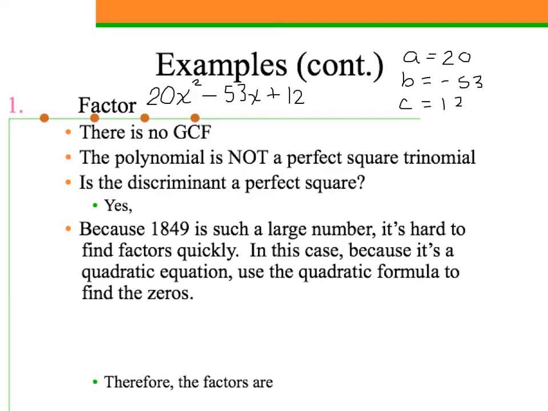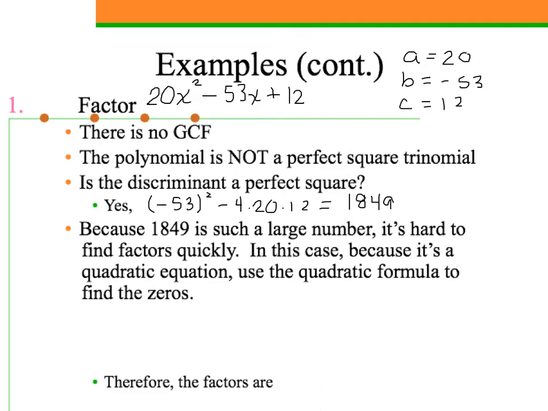So when I find b squared minus 4ac, I find this discriminant is equal to 1,849. That is a perfect square because when I take its square root, it equals 43.